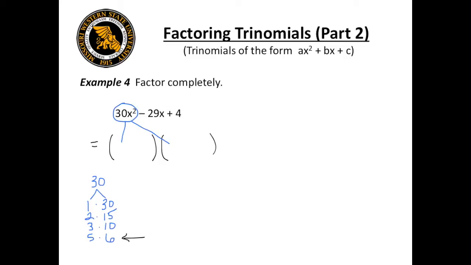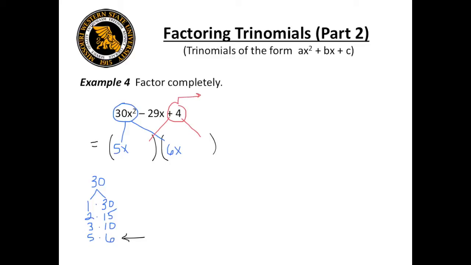At this point, it doesn't matter where we place those 2 factors. So let's go ahead and put 5x in the first binomial and 6x in the second. Now the factors of 4 will be placed in the back of each binomial.